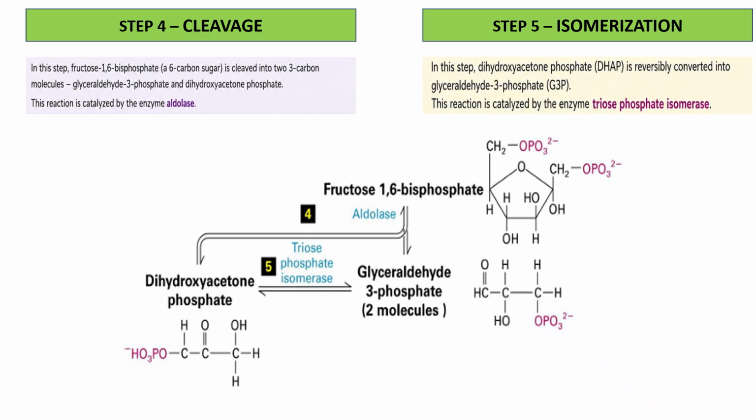And in step 5, as only G3P can directly enter the next stage of glycolysis, DHAP is rearranged into G3P so that both 3-carbon molecules can continue through the remaining steps.